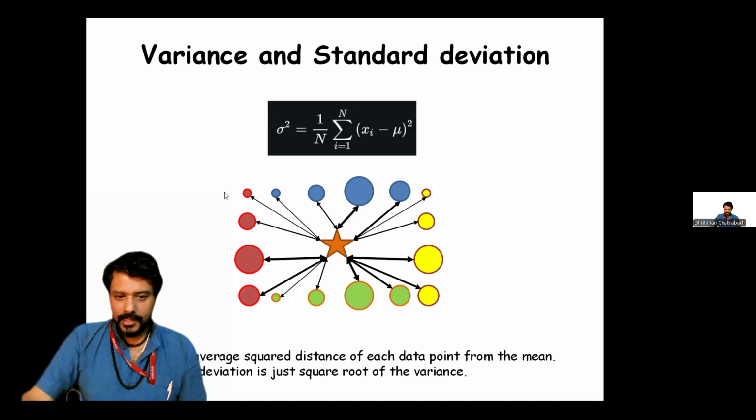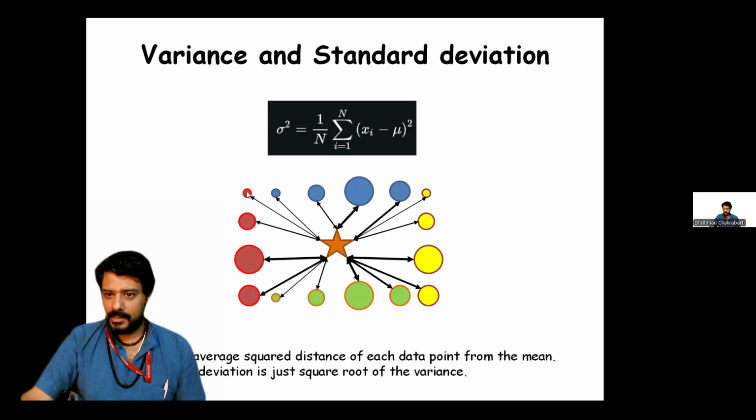In a similar fashion, I have blobs in which the size of the blob represents the magnitude of the value of that sample. And in between, you have the variance. What this shows is that you have to find the mean, and then calculate the distance, or difference, between each data point and the mean.